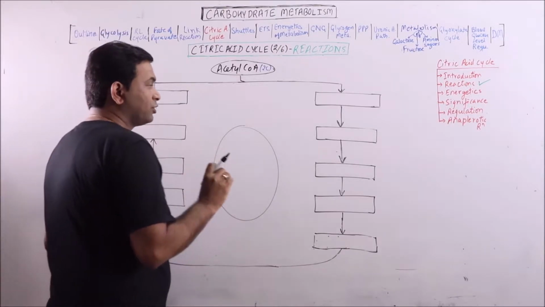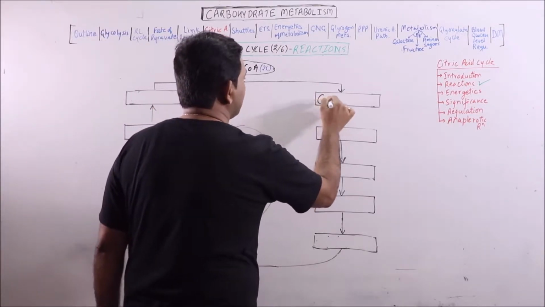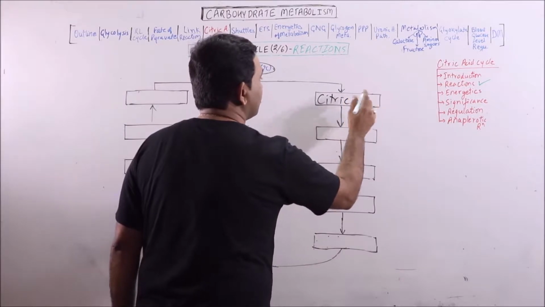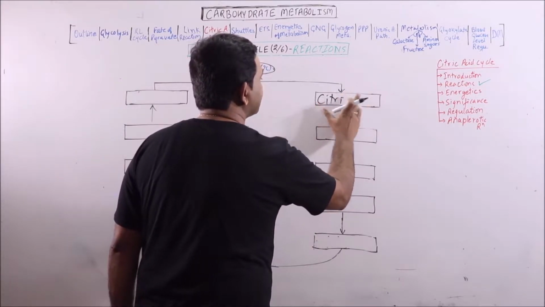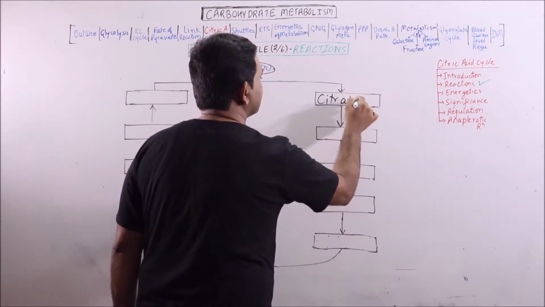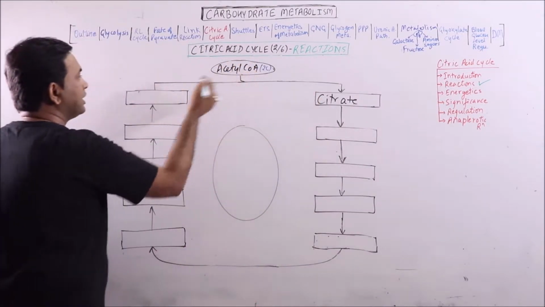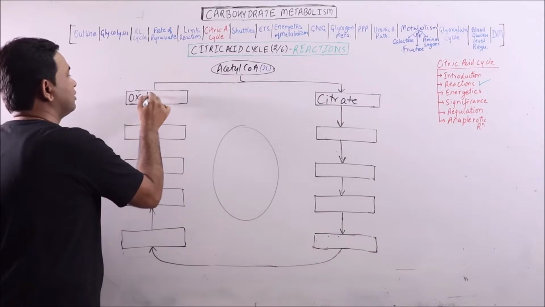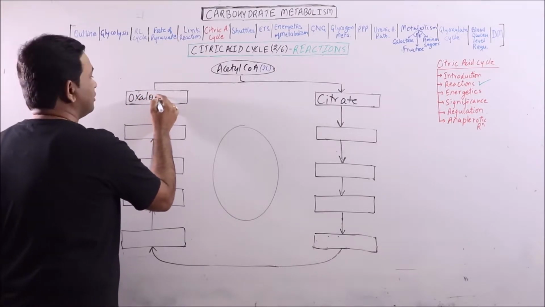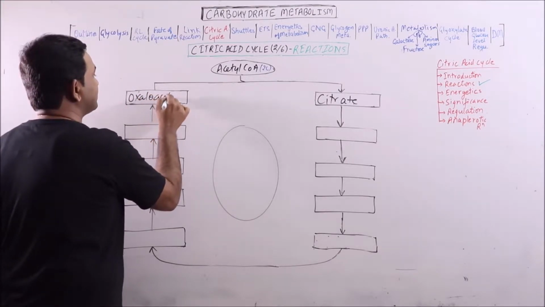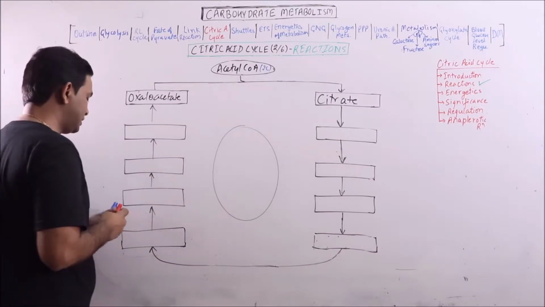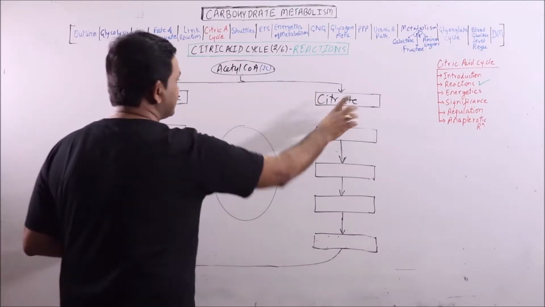Now, it's very important that the first compound which is formed is citric acid, or we can write citrate. This compound, citrate, is formed when acetyl coenzyme A reacts with oxaloacetate.